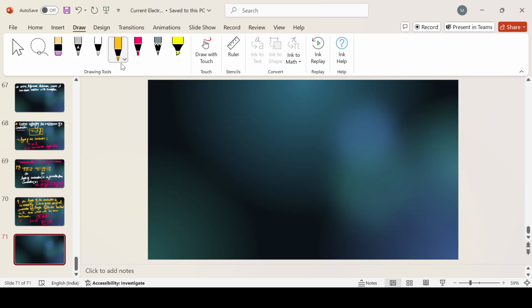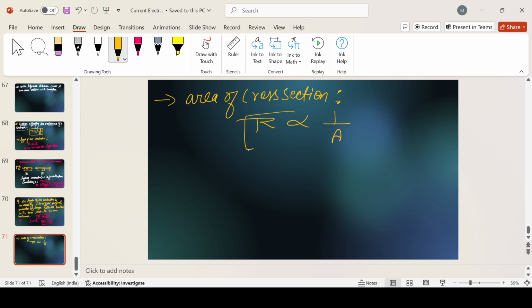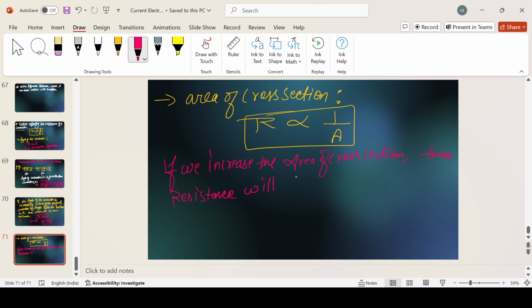Now the second point: area of cross section. R is inversely proportional to 1 upon A. That means if we increase the area of cross section, then resistance will decrease.